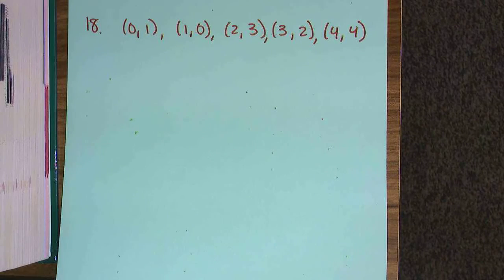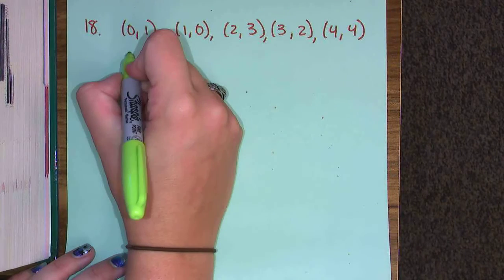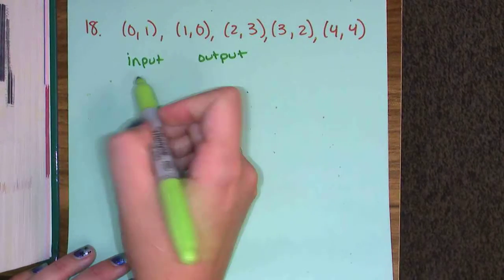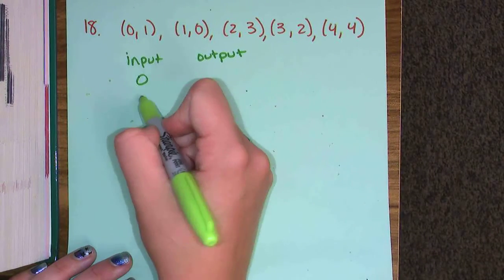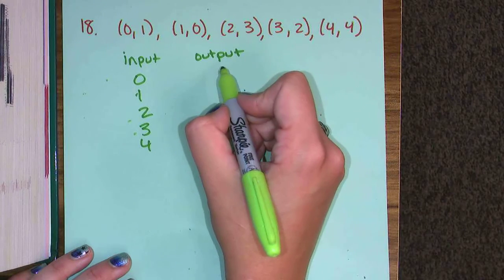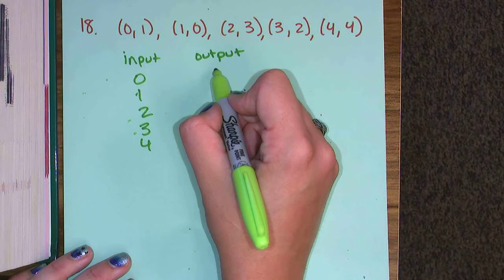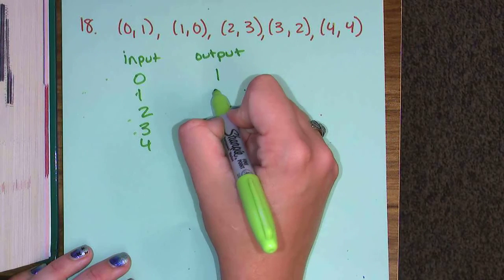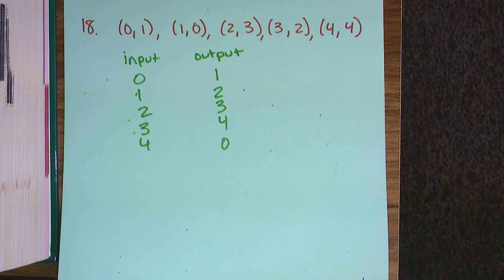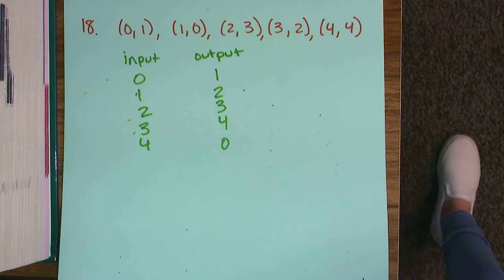So, how do I set this up? Yep, mapping is a good way to do this one. So I have my input, output, what goes under each one. That's one you can use your calculator for.